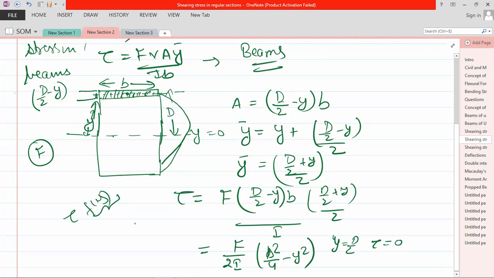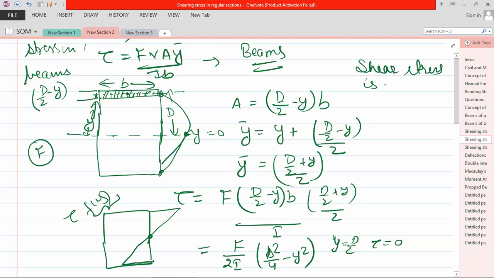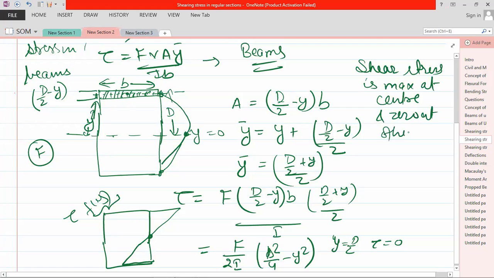And if you consider the bending stress, it is linear and it is maximum at the extremes and 0 at the center. But here, shear stress is maximum at the center and 0 at the other extremes.